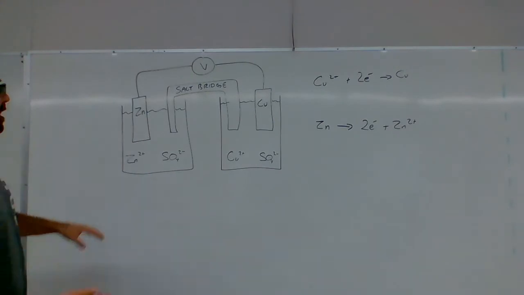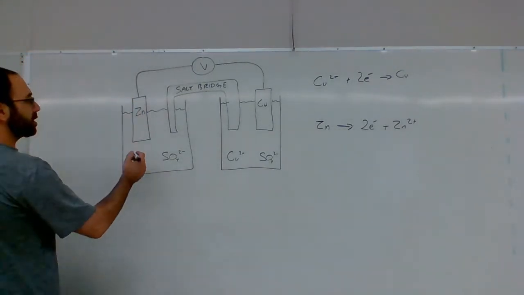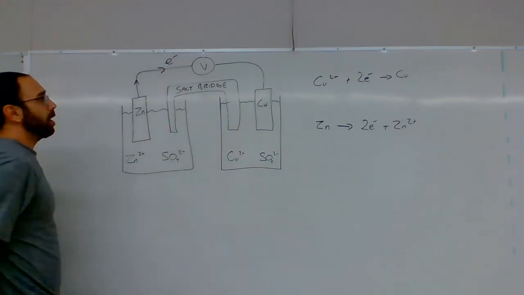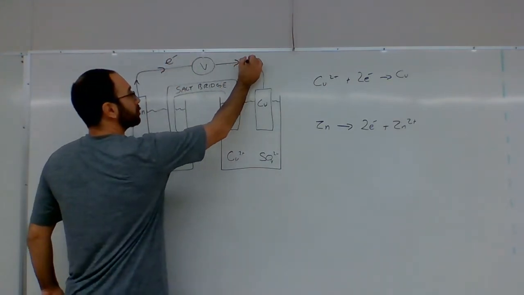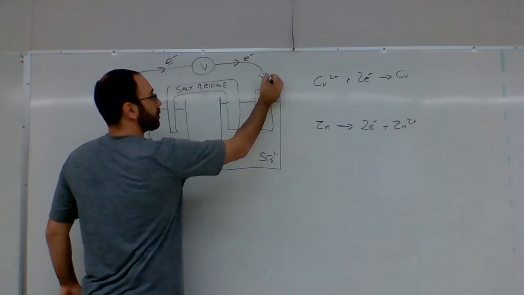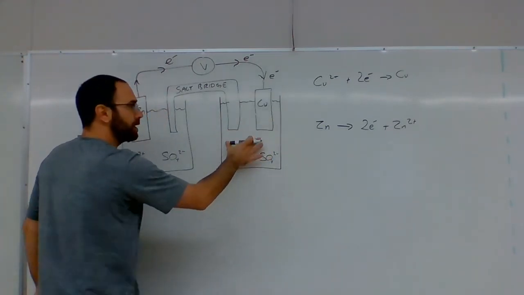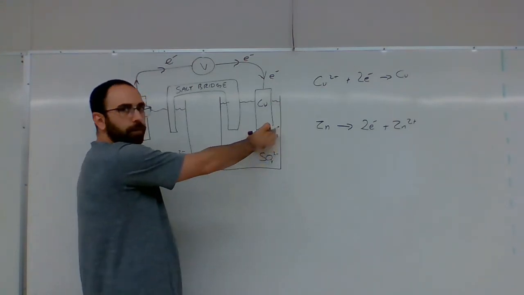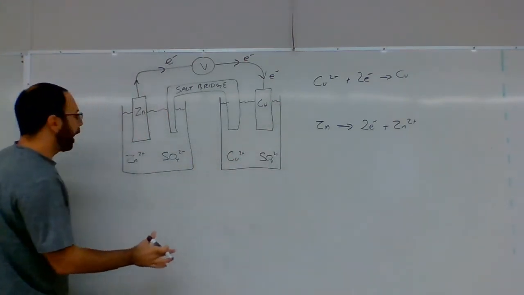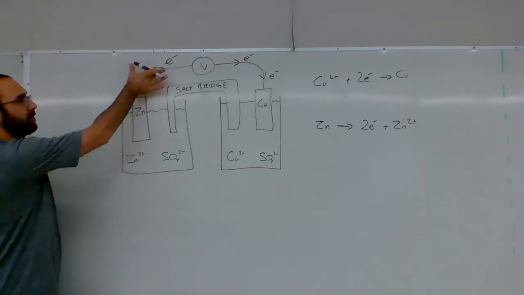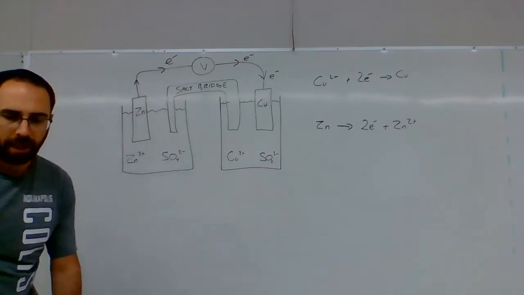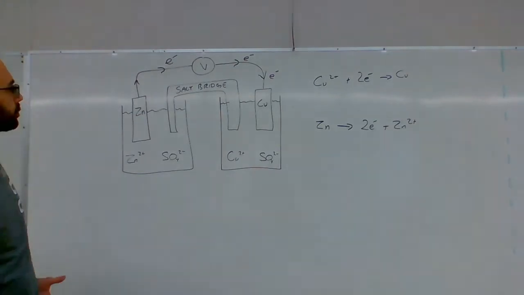Okay, if zinc metal is giving up those electrons, they are going to flow down this wire, to join into this side here. Those electrons can combine with the copper metal to form more copper metal on this pole, and the zinc metal, as it's giving up those electrons, will deposit more zinc ions in this solution. Okay, and that is how we're starting off with these reactions.